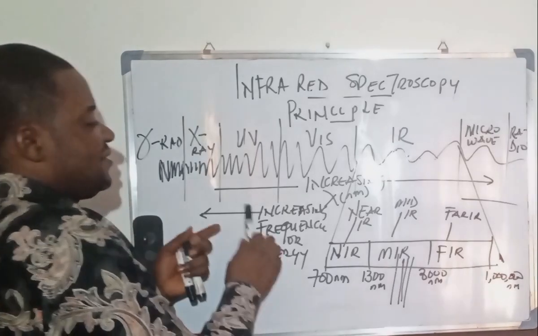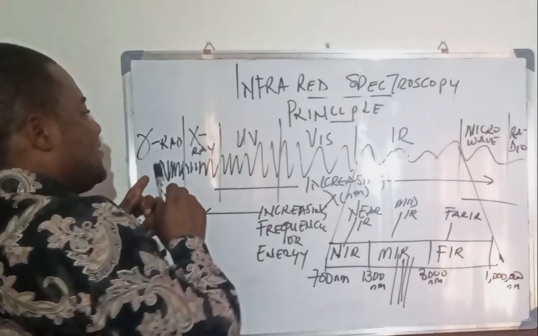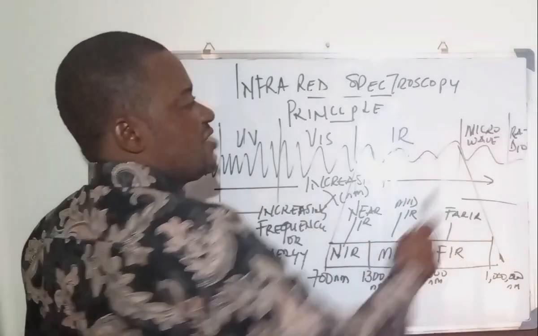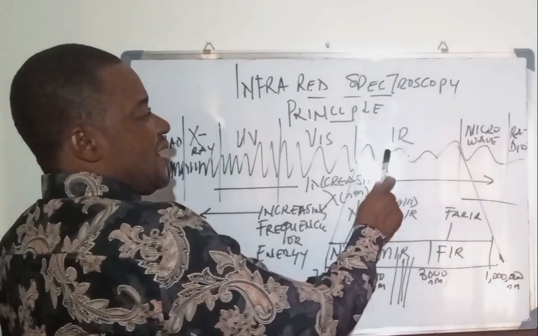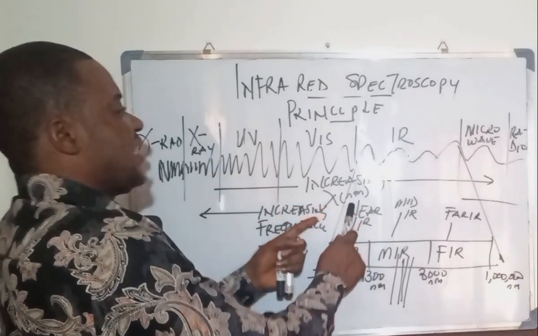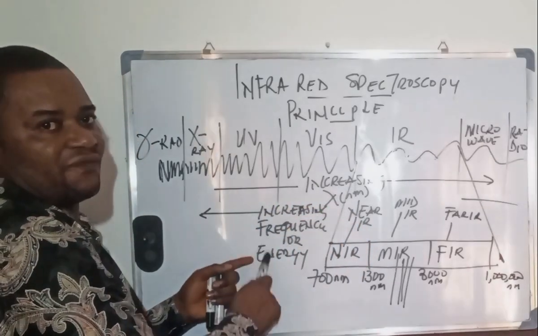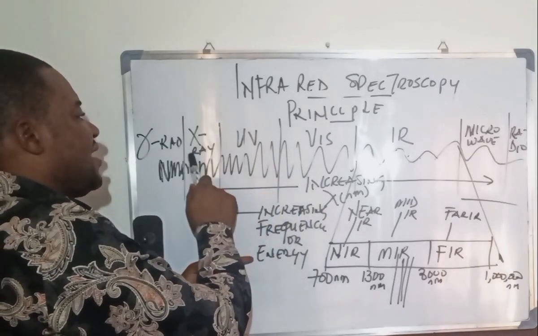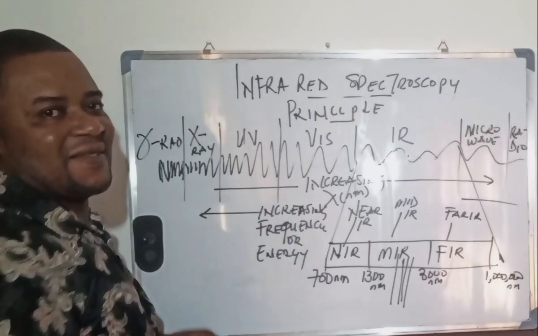So there is higher photon energy in the gamma radiations compared to radio radiation. That means that the IR radiations have higher wavelength, but have lower frequency or photon energy as compared to visible, UV, X-ray, and gamma radiations.